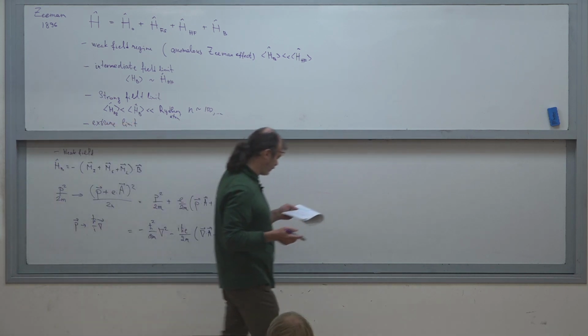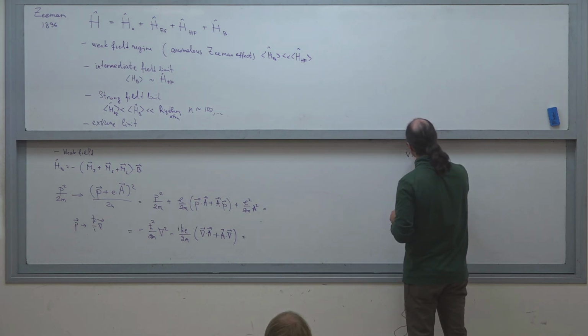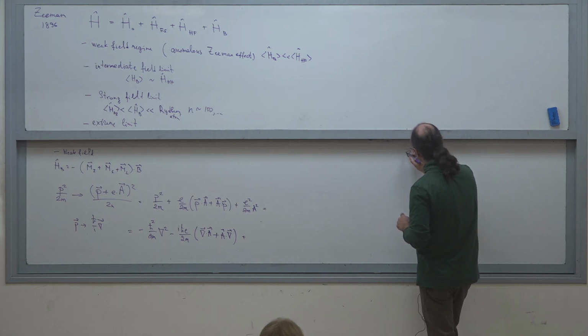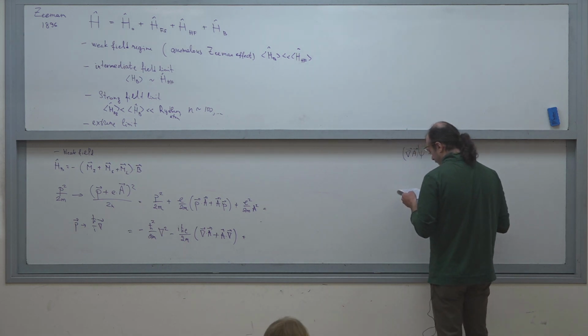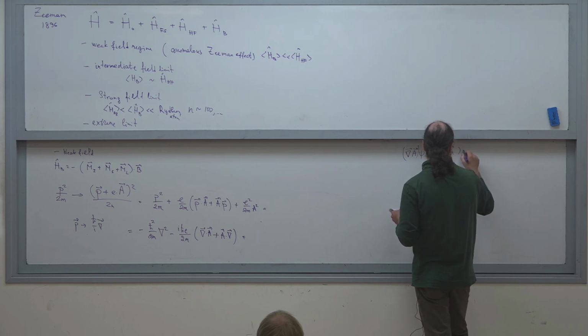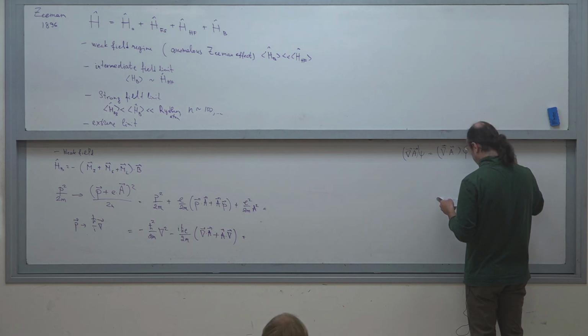So if I take the divergence of the vector potential acting on the wave function, I can describe this as the divergence of A multiplied by the wave function, plus A multiplied by the gradient acting on psi.